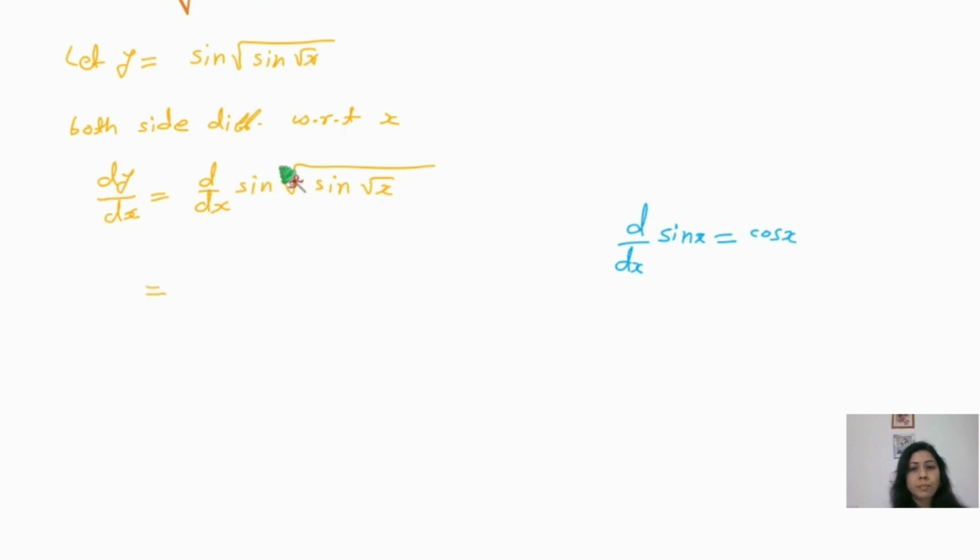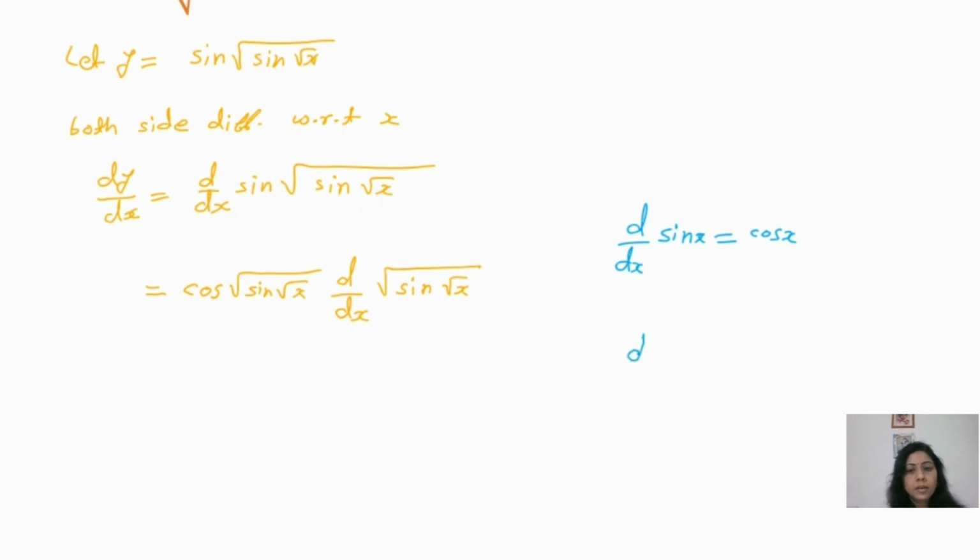So this we apply here and this converts into cos, with the whole square root sine square root x as the argument. Now here we apply chain rule. So this part we differentiate again: square root sine square root x.